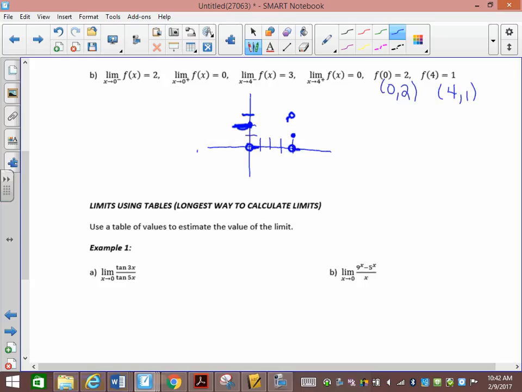So I'm going to go like this, coming in like this, just because I feel like it, not because it's correct. It's completely colored in because this would be a closed dot, 0, 2 would be a closed dot, and then the limit would have an open dot, but the open dot would look like this, and then the closed dot would look like this.